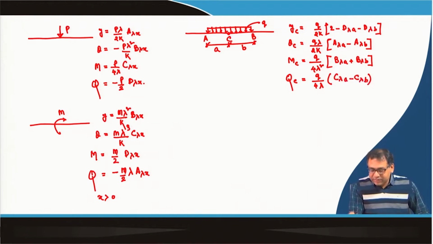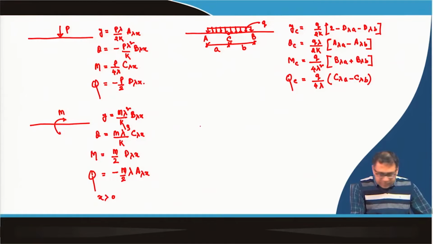These equations I have derived, but only for the case when the point of interest is within the UDL. There may be a possibility that the point of interest is outside the loading.